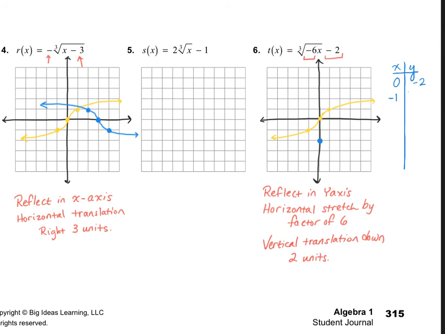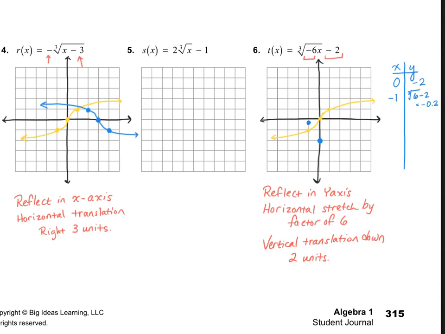So that would be the cube root of -6 multiplied by -1 is +6, and then -2. So using my calculator and rounding, I get that it is about -0.2. So over 1 down -0.2 would be about right here.